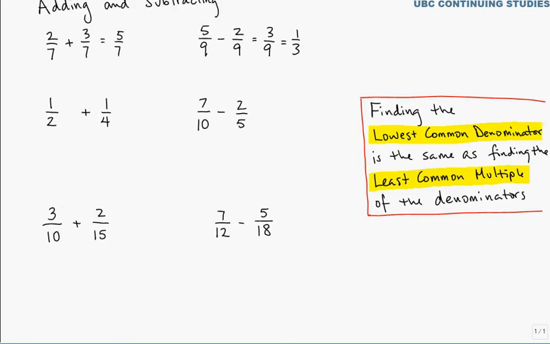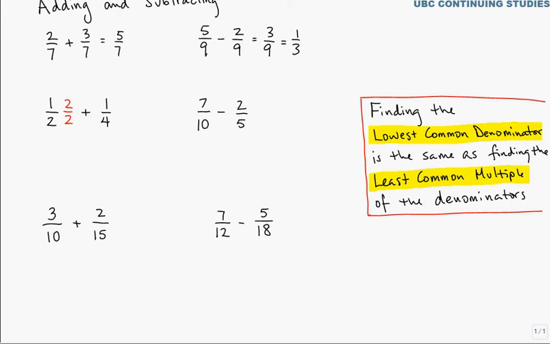You know that it's 4, and so it's pretty easy just to add a half and a quarter by making a half into 2 over 4. But we want a technique that's going to work a little bit better for us here and always work. What you're really doing is creating an equivalent fraction. 1/2 can be multiplied by 2 over 2 to create a fraction that has a denominator of 4.